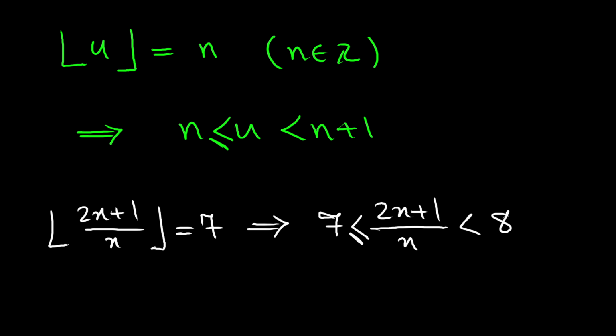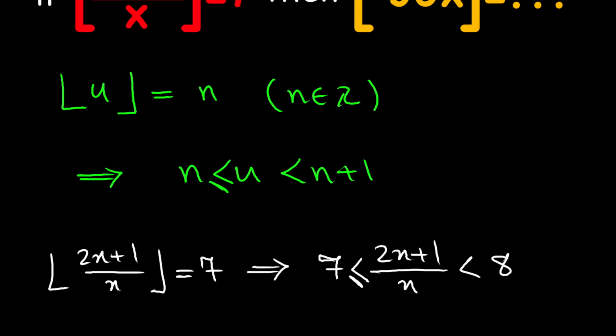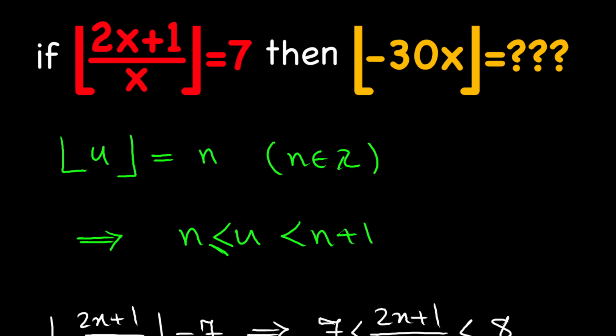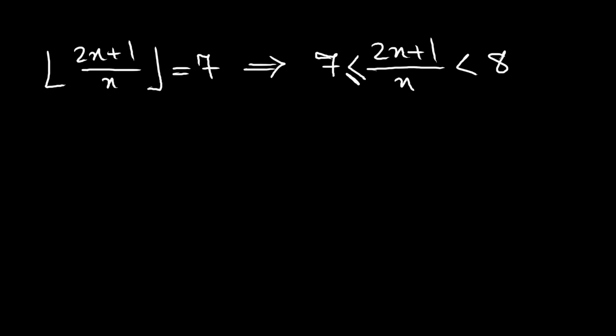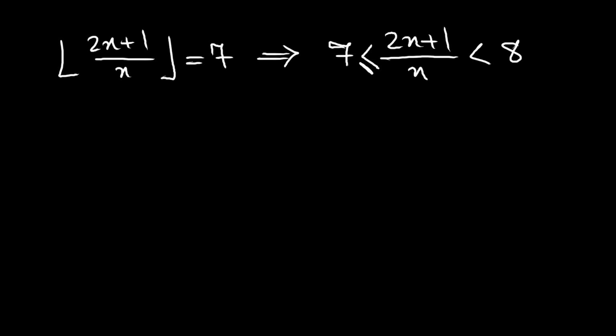Now what I want to do next is to find a way to see where negative 30x lies, because once I do that, I can evaluate the floor of negative 30x, and that's exactly what we want to do, right?